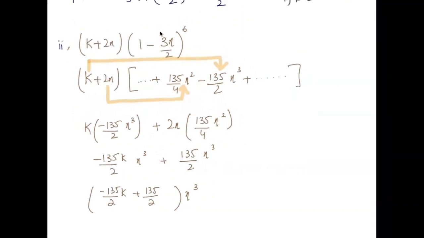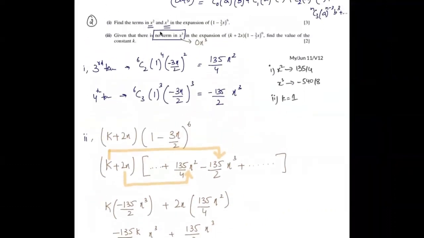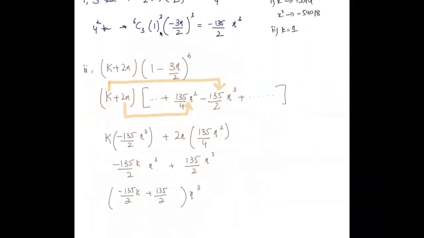So what should the coefficient of x cubed be, as far as this question is concerned? If you don't want the term in x cubed, what must the coefficient be? The question says there must be no term in x cubed, so it should be equal to 0.